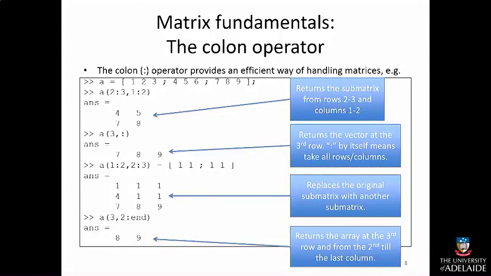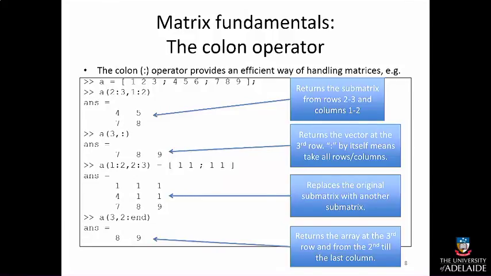The colon operator provides an efficient way of handling matrices. For instance, in this example, you have a 3 cross 3 matrix, but you only want rows 2 to 3 and columns 1 to 2.